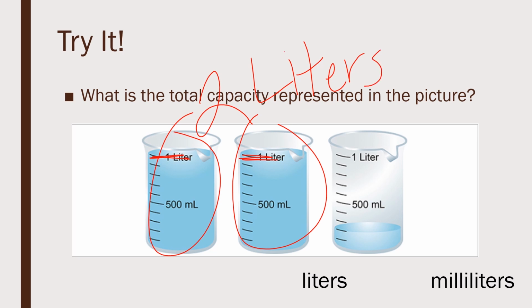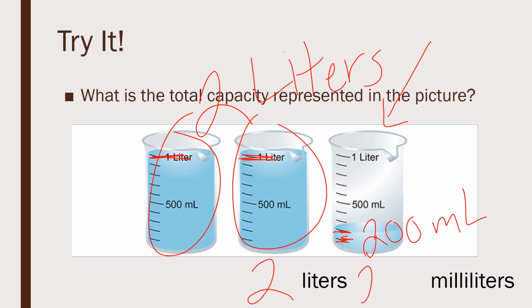So let's take a look at our last container then, which is not a whole liter, and we can count by 100 milliliters because each line represents 100. So we have 100 and 200. So we have 200 milliliters. So that means altogether we have 2 liters and 200 milliliters.